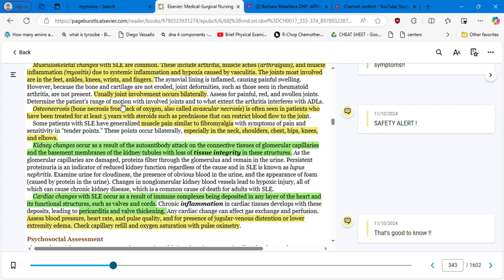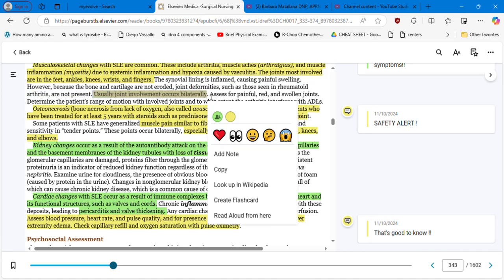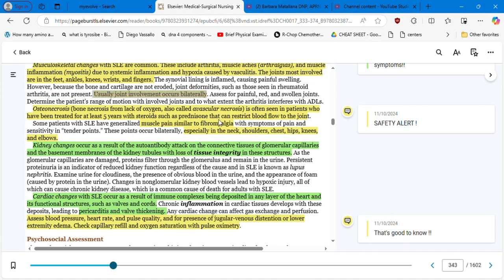Usually the joint involvement occurs bilaterally. That's good to know. So extremely important. Your chronic fatigue, your fever from unknown reasons, your butterfly rash, right? You know, after sun exposure is not related to acne. Okay, your arthralgias, your joint pain bilaterally.